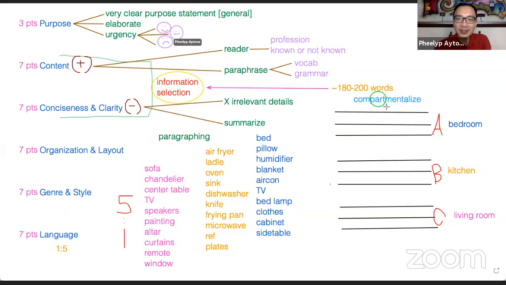Exactly. Part. So, part 1, part 2, part 3. You do things one at a time.